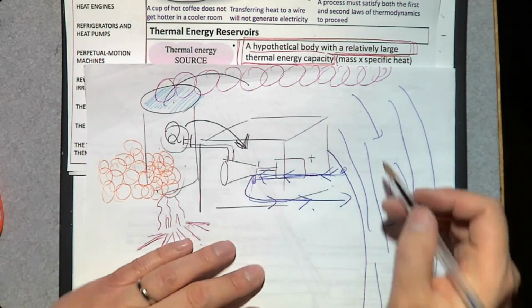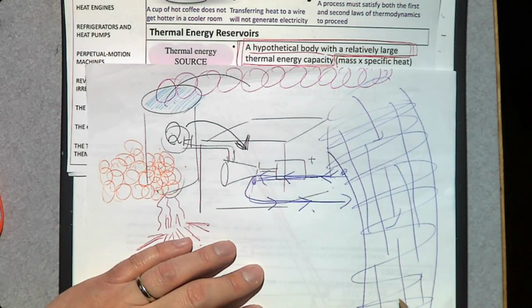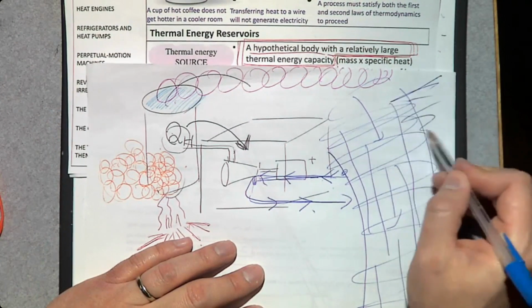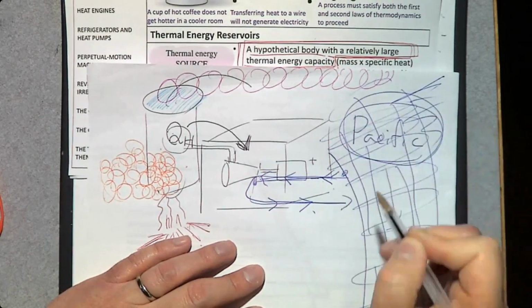Similarly, we have plenty of water in this river. River is not enough. So let's make it the Pacific Ocean. So we have a lot of water.